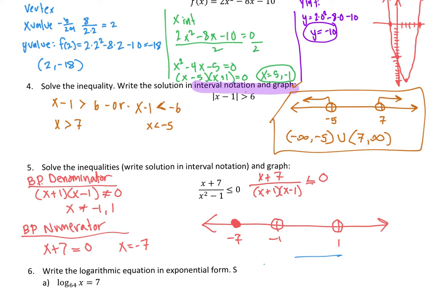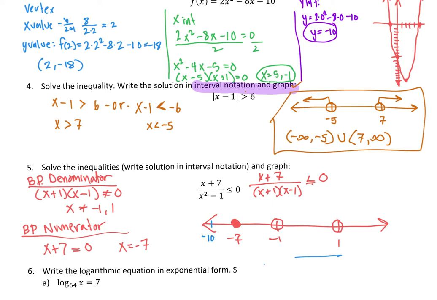Okay, now we have our boundary points. We just need to figure out what each region formed by my boundary points is. Is it a positive region or a negative region? So we're going to pick some test values. In this case, I'll start with -10.